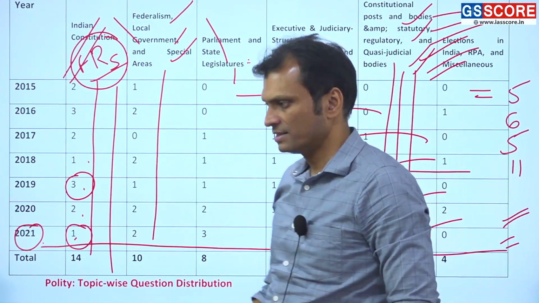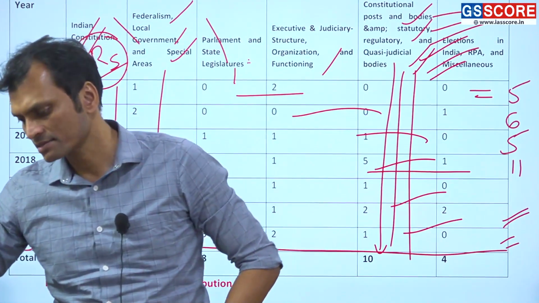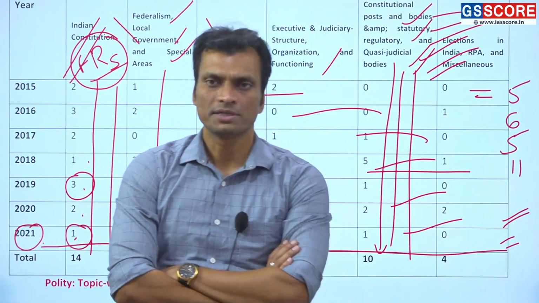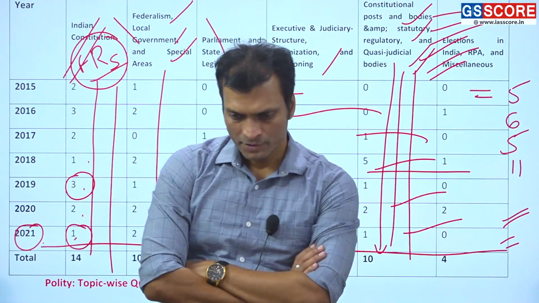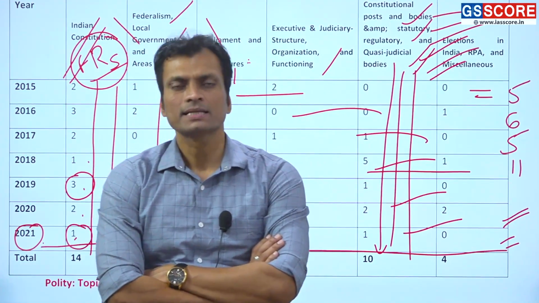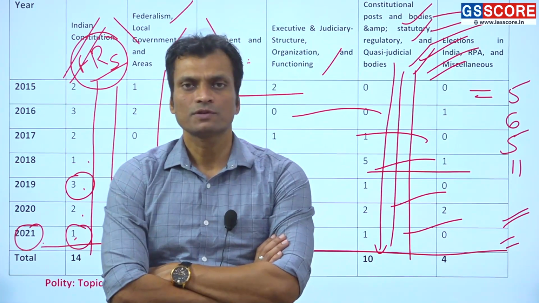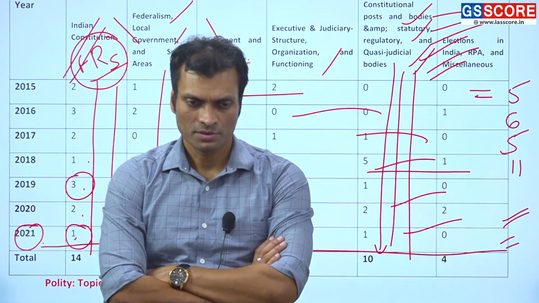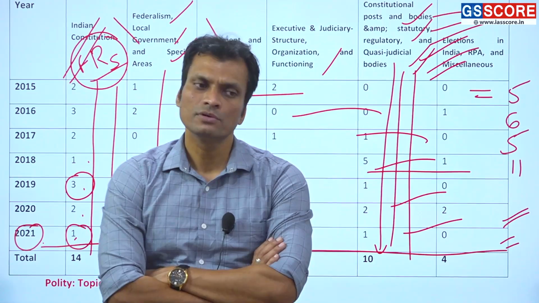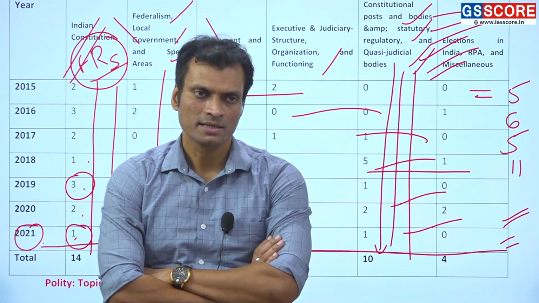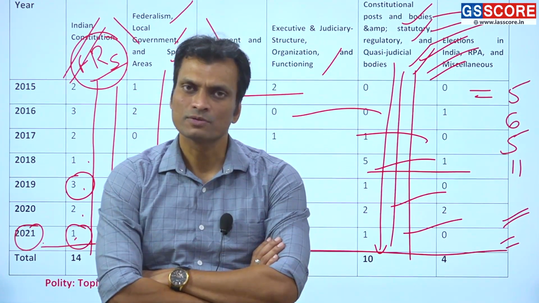So what is the trend? Let me summarize the trend analysis in polity. The trend is that key areas of the Constitution will always give you a better chance of getting some question from them.